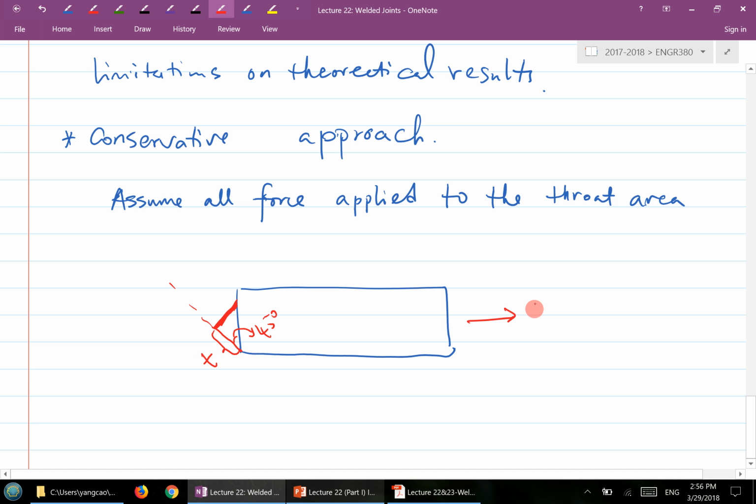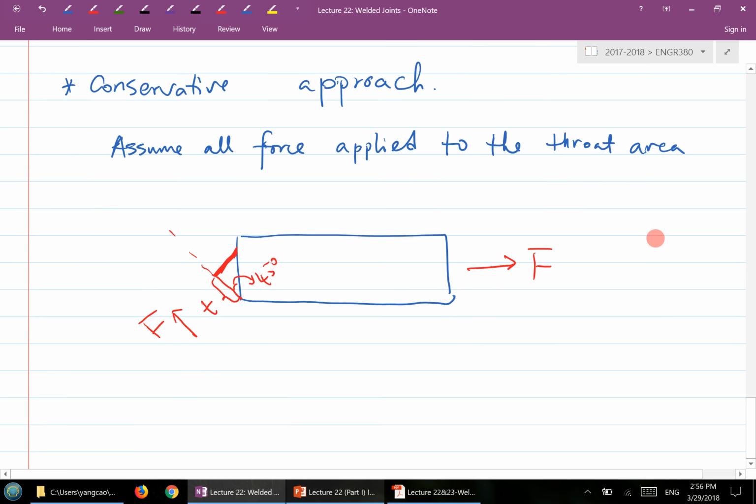Now if you have a force F over here, forget about the normal force, forget about the shear stress force. Let's apply the whole F to the cross-section area as a shear force. So that's the conservative approach: assuming all the force F here will be applied as a shear force to the throat area.